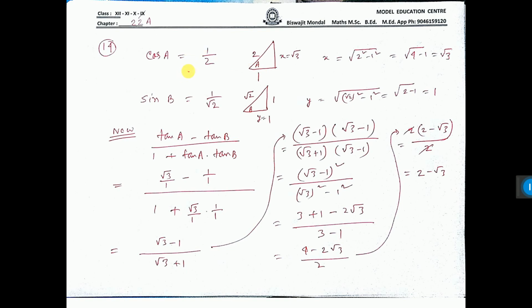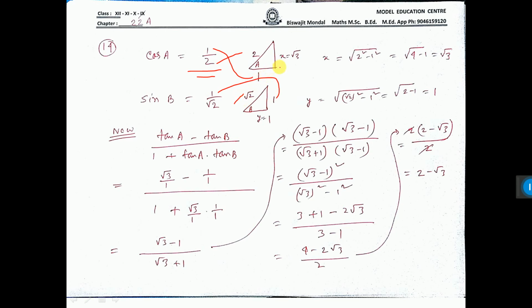Now see, cos A equal to half is given. So you write A, one triangle you write, cos A is base by hypotenuse. So base is 1, hypotenuse is 2. Sin B, another triangle you draw, sin is perpendicular, so perpendicular is this, hypotenuse this.